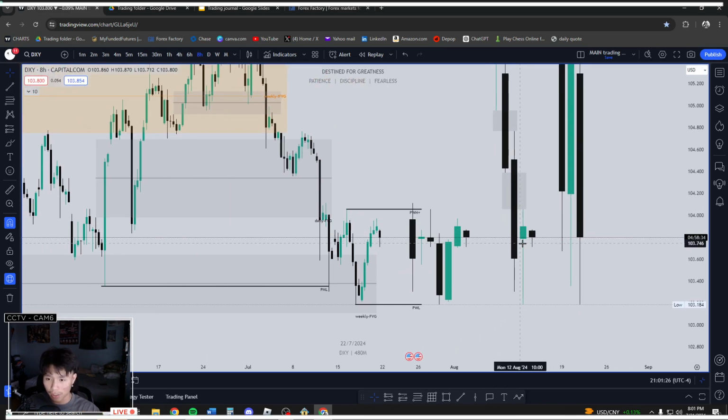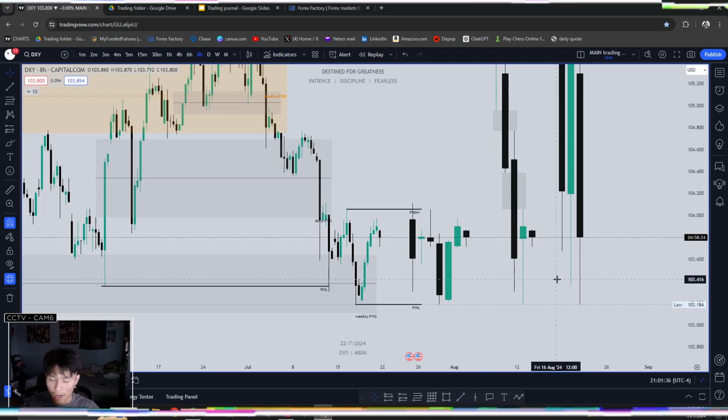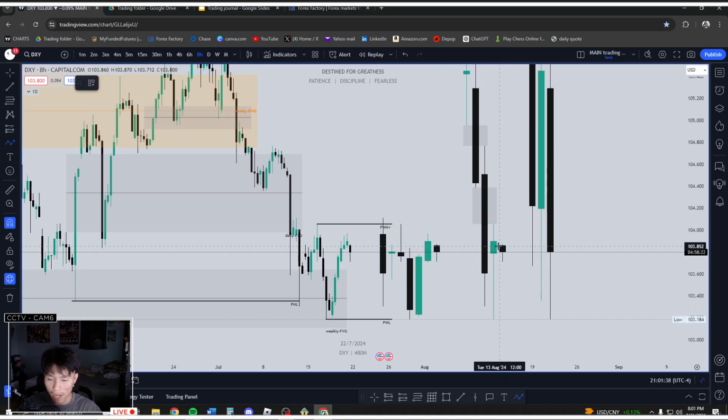So this is a weekly candle right here, and notice how we have this really bullish closure on this weekly candle on the dollar. I can anticipate for us to rebalance this weekly fair value gap, right? And from there, however we want.